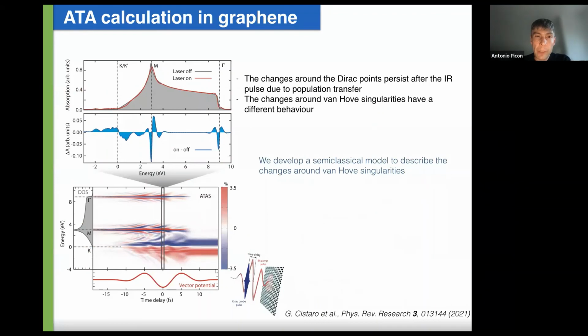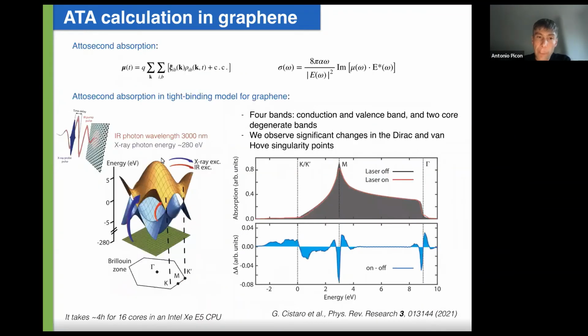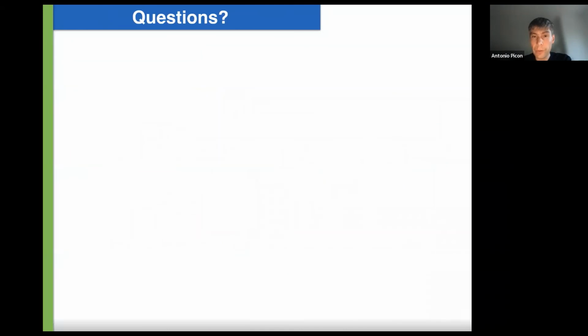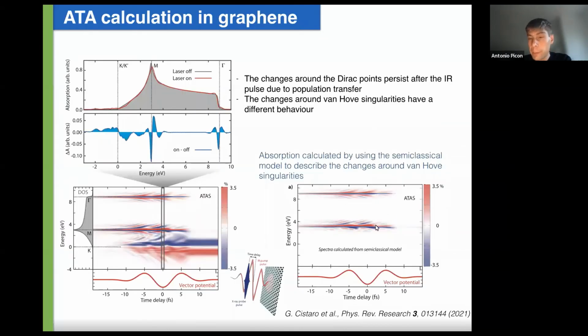If we look at the gamma point, it's more like a parabola, but around the M point, it's more like a saddle point. So we know that these patterns are correlated with the local energy dispersion around these points. This is why it looks symmetric or antisymmetric here.